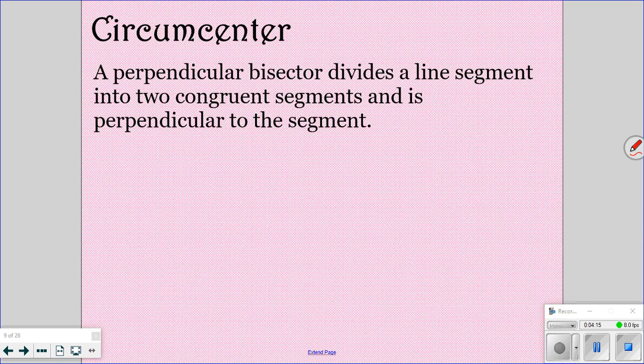Now looking at the circumcenter. The perpendicular bisector is when you have a line that is cut in half by a perpendicular line. So this is the perpendicular bisector. It's perpendicular and it bisects.